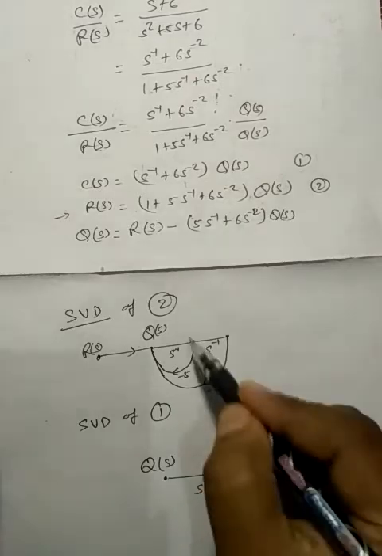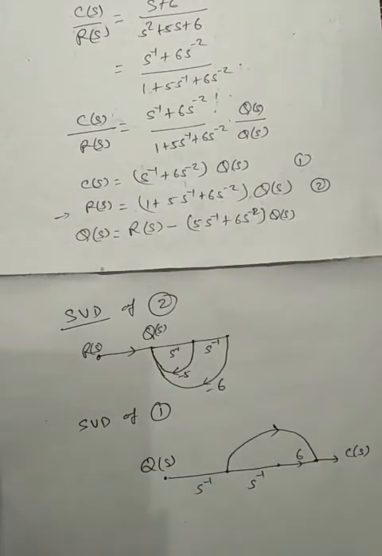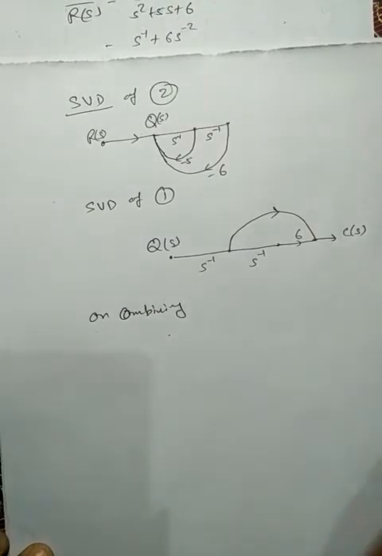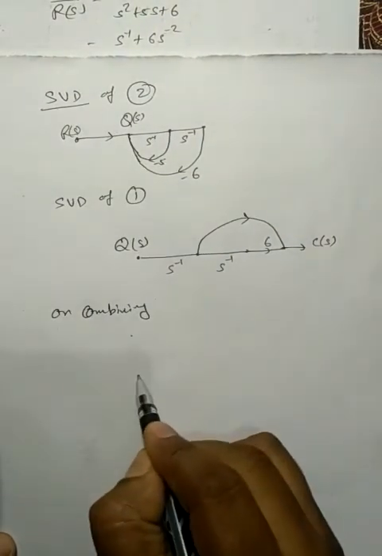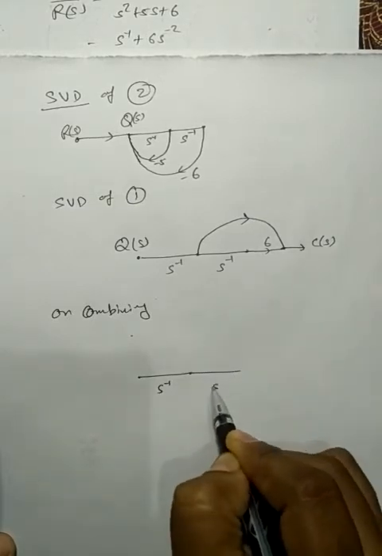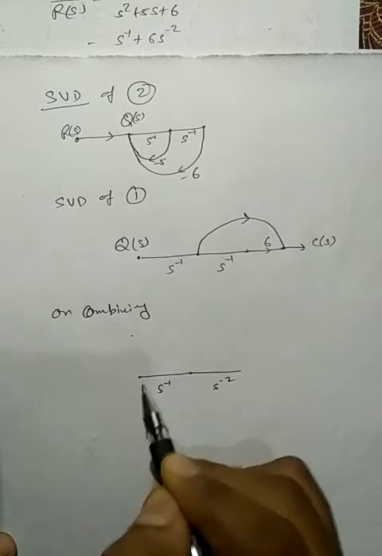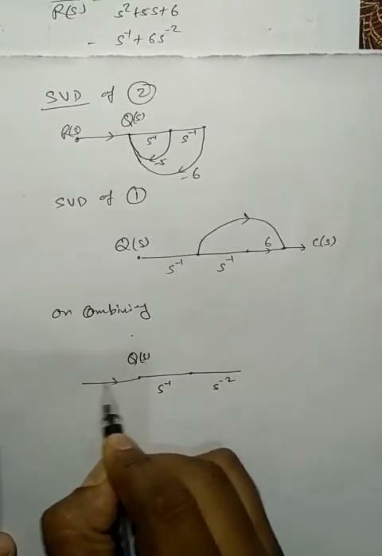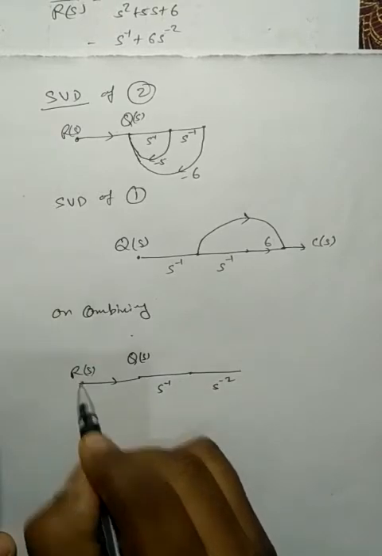And on combining these two graphs, here I am having S inverse, here I am having S minus 2, here I am having Qs, and here I am having Rs.